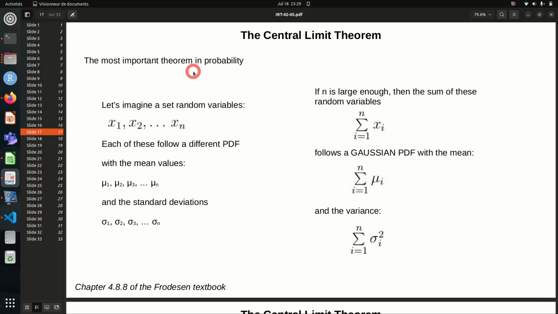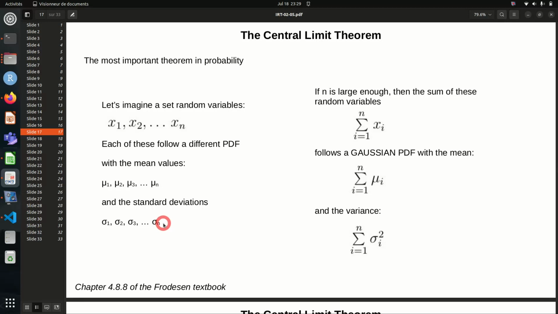Imagine you have a set of random variables, like you measure the cardamom length for different classmates. So one from Zora, one from Zoal, one from Amina. Each of these follows a different PDF, each time with a different mean value and different standard deviation.